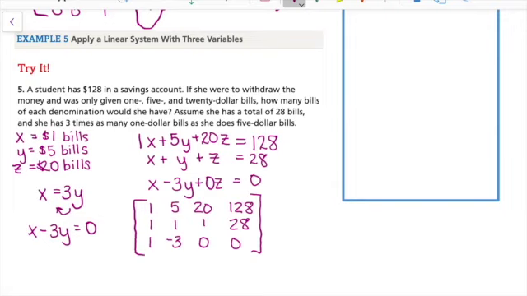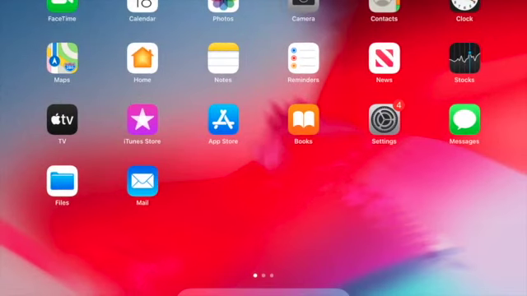This would be a great spot for you to pause and try typing this in the calculator yourself to see if you can get the correct answer and interpret, and then press play again to see if you got it right.